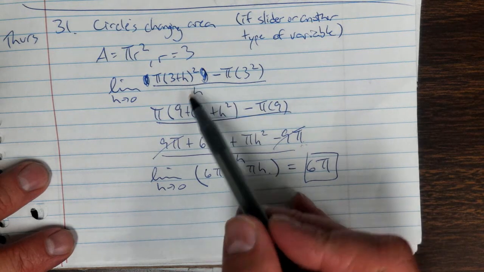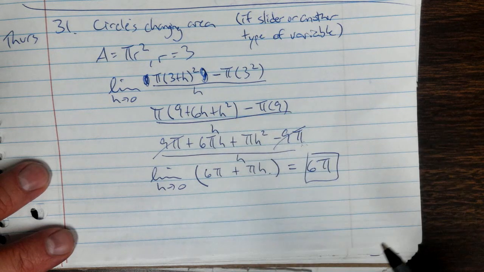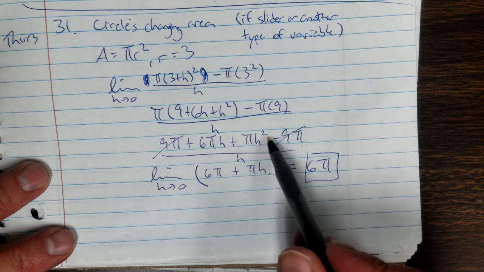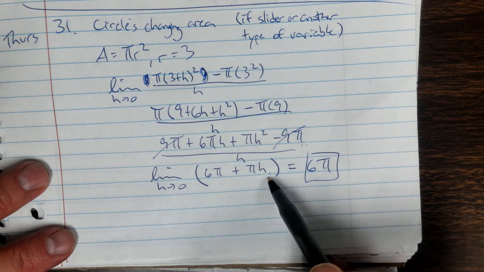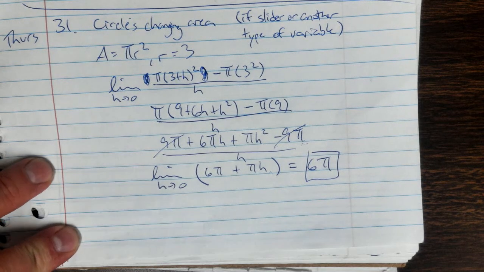So when you expand this, you get 9 plus 6h plus h squared minus 9 pi. Those cancel, and then your h's cancel, so you get 6 pi plus pi h, and so 6 pi is your answer. Let's see what we get on the calculator.